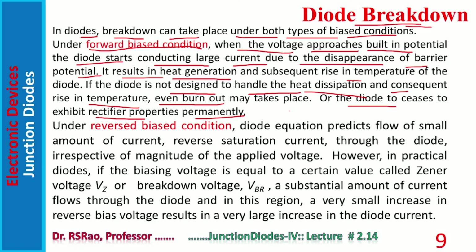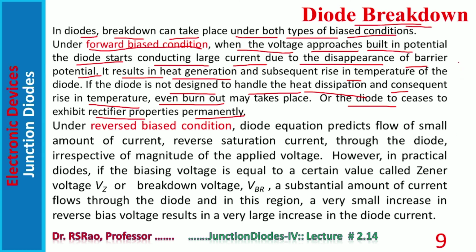A diode is supposed to behave in a certain manner, governed by the diode equation. If it departs heavily from the diode equation in its behavior, then we say diode breakdown has happened. Two types of breakdowns are there: forward breakdown, reverse breakdown.